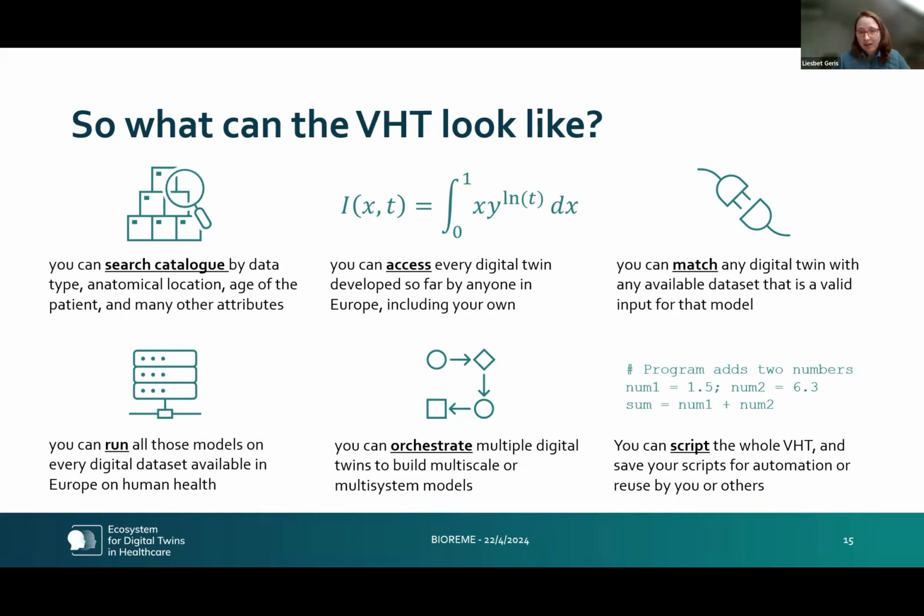You should be able to access every digital twin that was developed in Europe, funded by European money, including your own. And then the platform should offer possibilities to find matching data or matching resources. So if you have a model, you're interested in the data, using the right taxonomy, the right metadata, you should be able to find matching data or the matching model, depending on what it is that you're looking for.